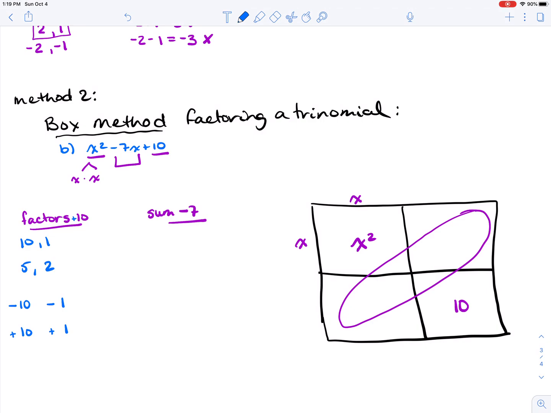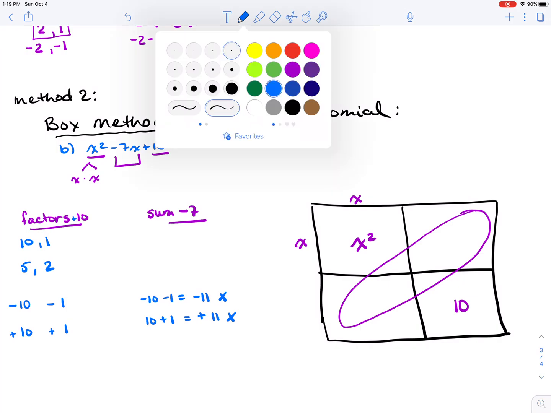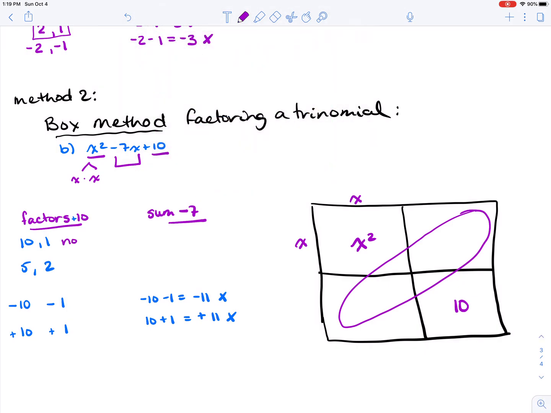So, is there a way that this will work? So minus 10 minus 1 equals minus 11. No. Positive 10 plus 1 equals positive 11. No. So this one does not work.